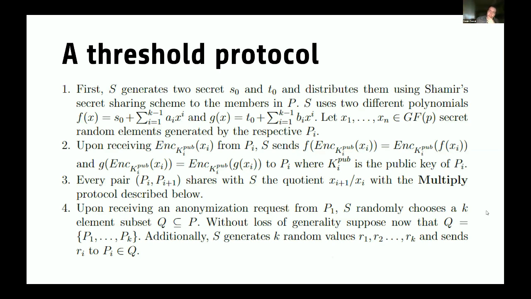And the participants can decrypt it, and they will know the value of the polynomial over their own x value, but nothing else. Then every pair of participants shares with S a quotient of neighboring x values, x_(i+1) over x_i, with a multiplication protocol I will describe a little bit later.